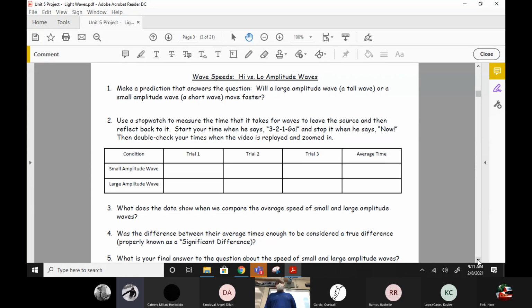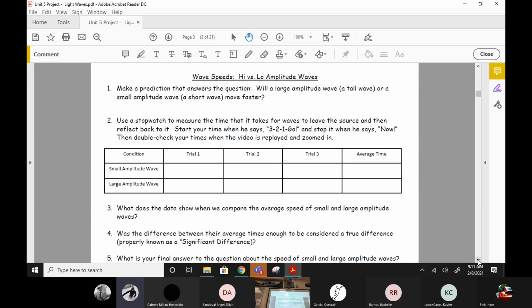And then you're going to get out a stopwatch. So you want to get out your phone and set it to stopwatch mode, because we're actually going to do this part of the lab where you're going to measure these things for yourself. I'm going to do the movement of the Slinky on the video, but you're going to measure it, okay?